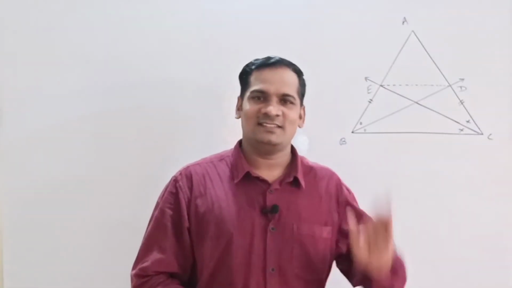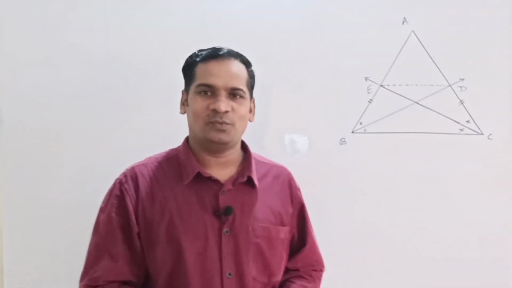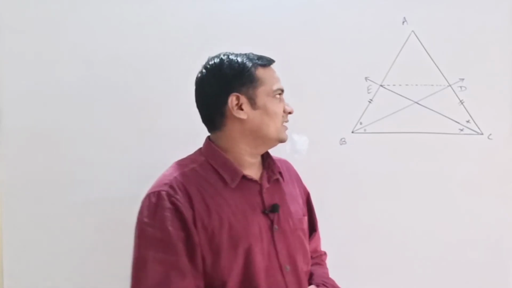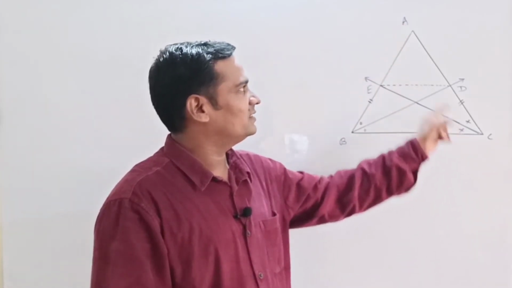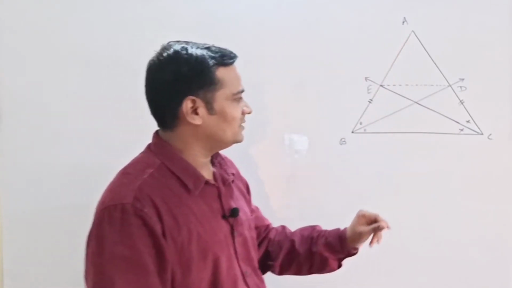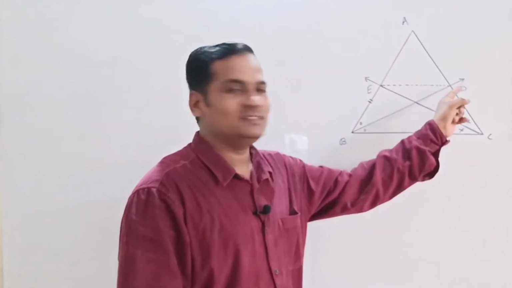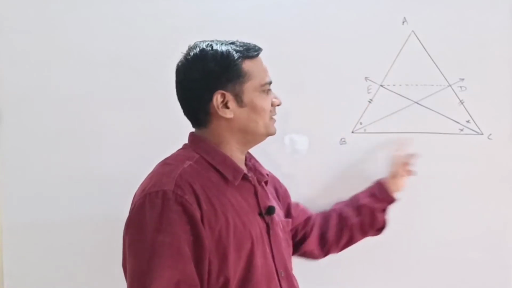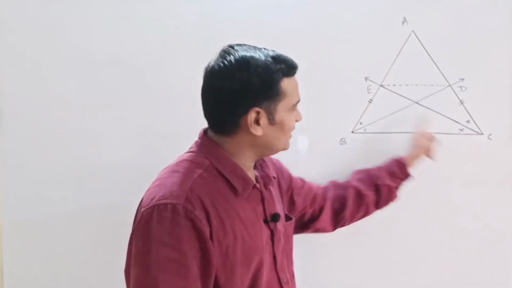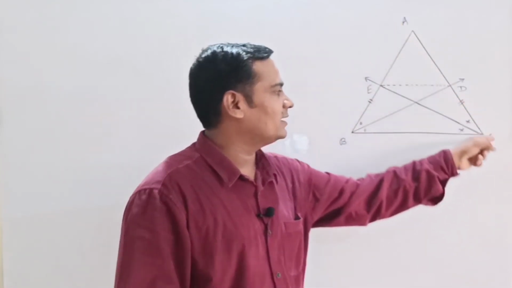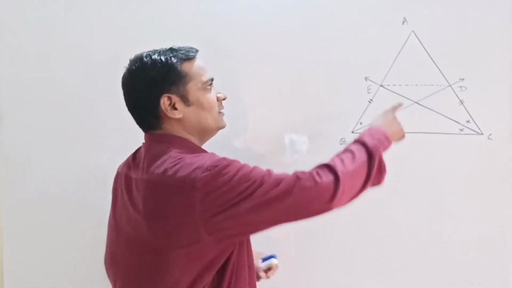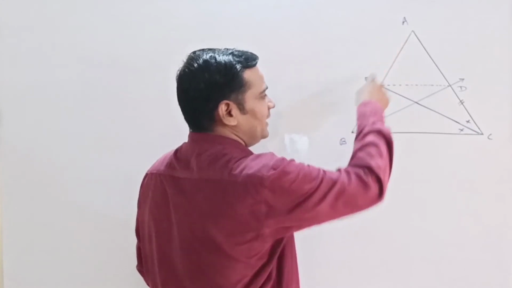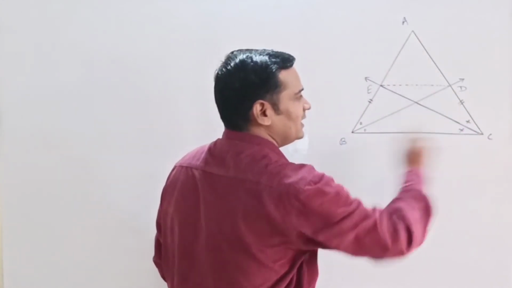This is the last example from practice set number 1.2. Okay. Now, in this example, look at this triangle ABC. In this triangle ABC, this ray BD is the bisector of angle ABC, and this ray CE is the bisector of angle ACB. One more thing is given, that segment AB is congruent to segment AC.